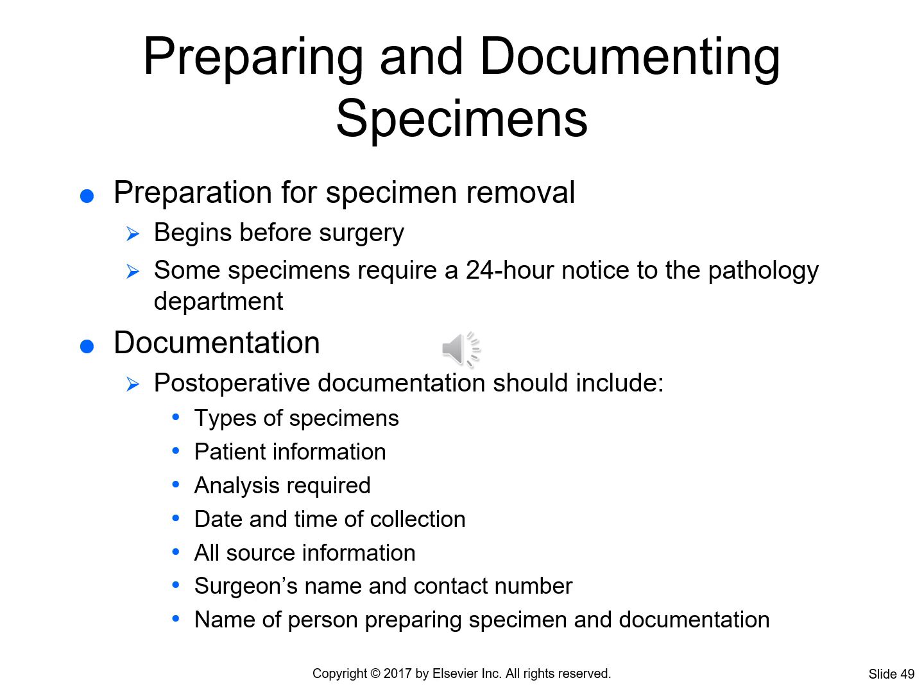Type of specimen, patient information, analysis needed, date and time, all source information, and a lot of times the surgeon's name and contact number will be on there, as well as the person preparing the specimen. So that lists 7 bullets, but the surgeon's name and the name of the person is kind of one bullet together. So those definitely need to be done.